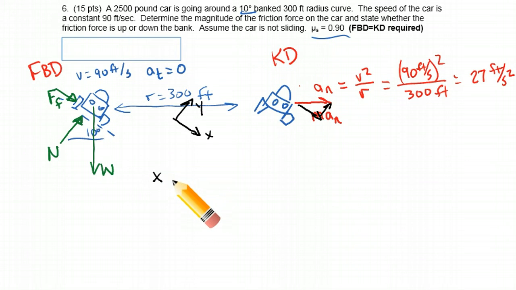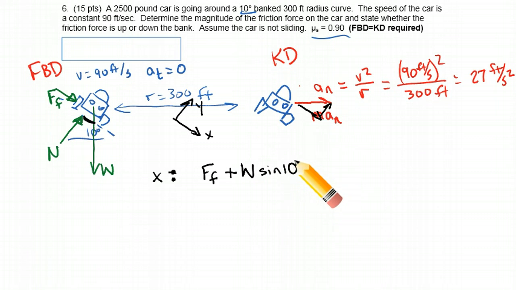If I want to get the friction force, I'll use the x direction and say the force of friction plus W sine of 10, here's my 10 degrees right in here, is equal to mass, which is W over g, times a sub n.